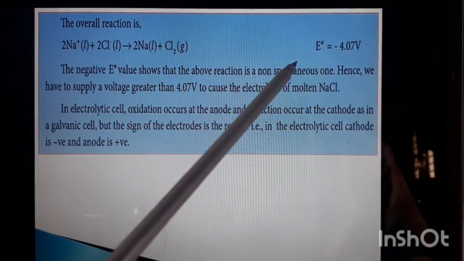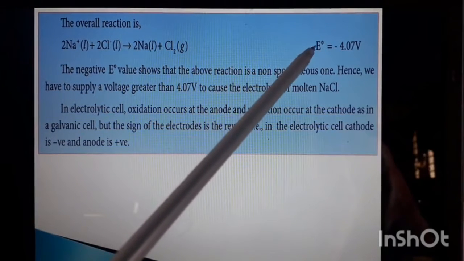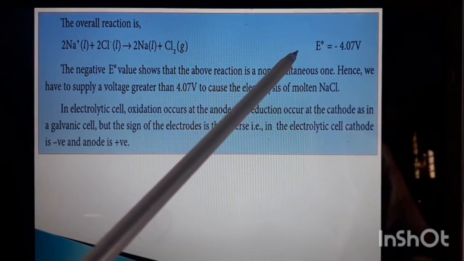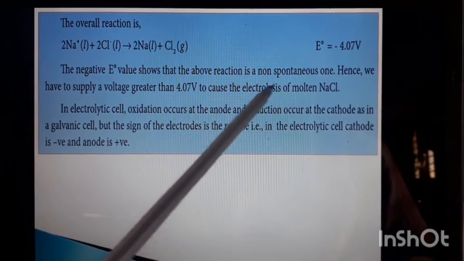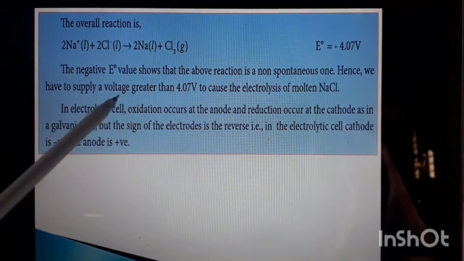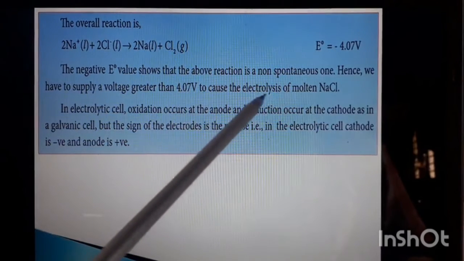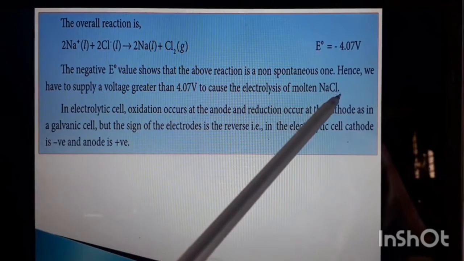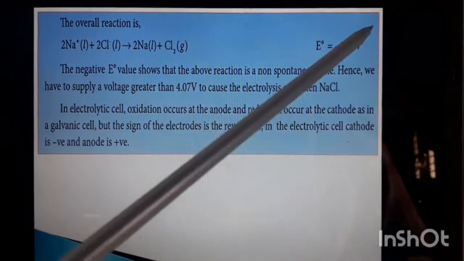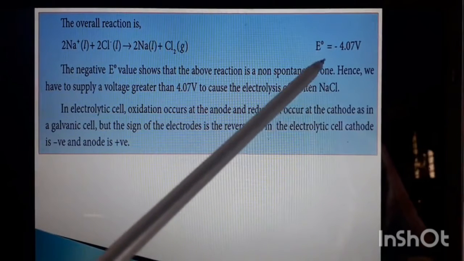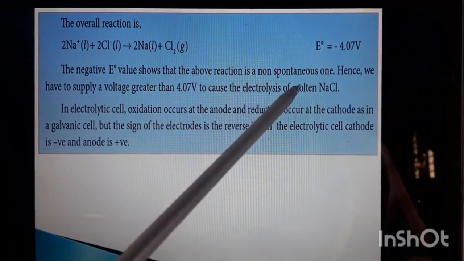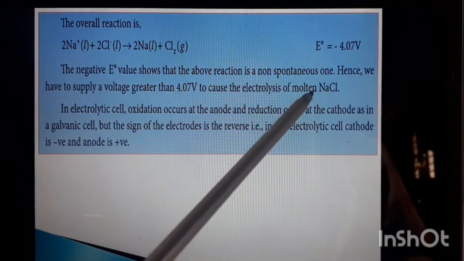Delta G positive in thermodynamics means the reaction is non-spontaneous. So a power supply of voltage greater than 4.07 volt causes the electrolysis of molten sodium chloride. So above 4.07 volt, the electrolysis of molten sodium chloride is carried out.